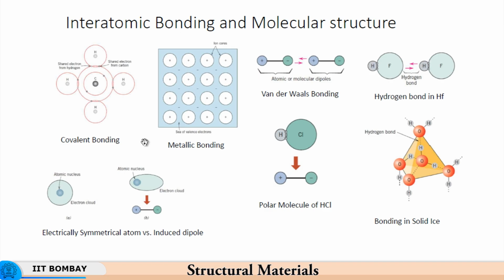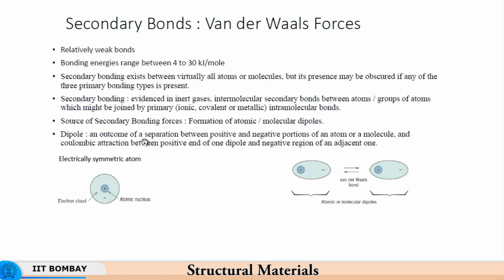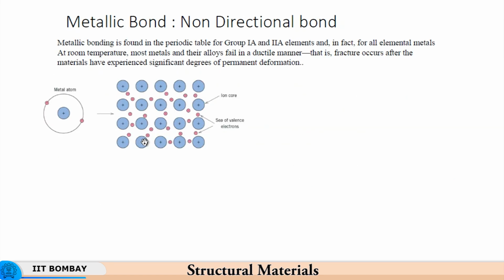Similarly, you have van der Waals bonding and hydrogen bond, which are relatively weak bonds, and they do not impart too much structural strength. So, we will not consider them with too much seriousness. What is important for us here is the metallic bond in most metals, covalent bond particularly in polymers, and the ionic bond, which is typical of ceramics. We will see ionic bond a little later.